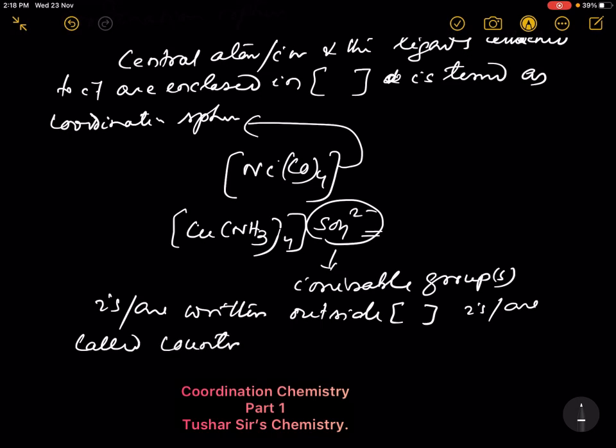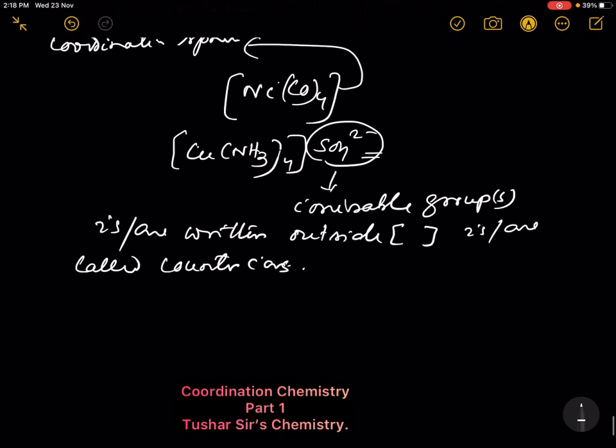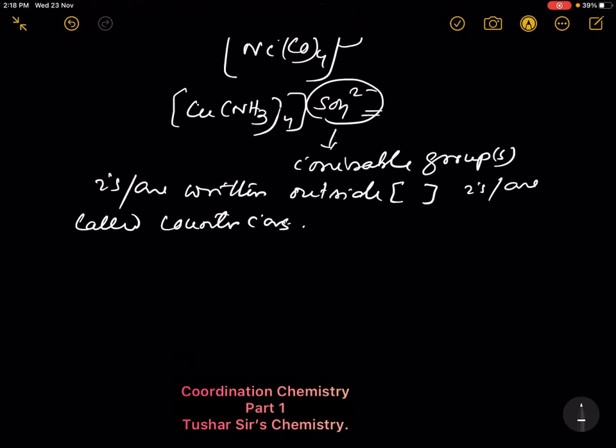Example, in K4[Fe(CN)6], the counter ions are K plus ions.